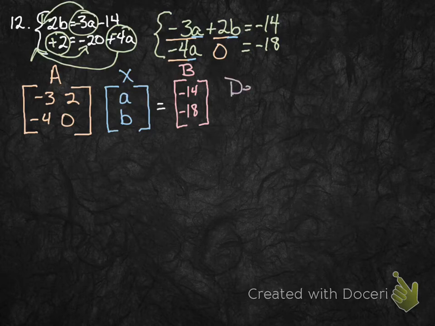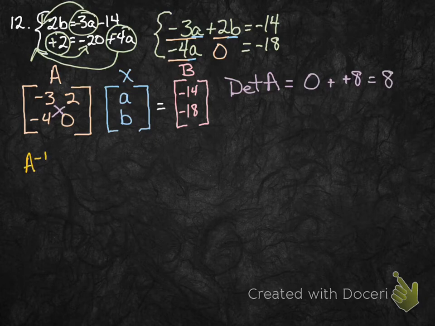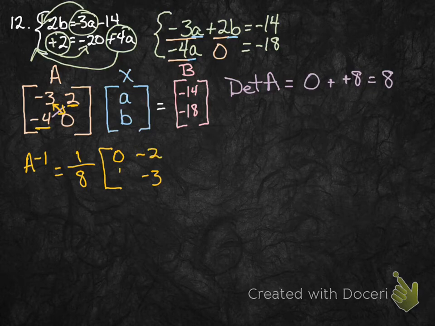Okay. We're going to find our determinant. -3 times 0 is 0. -4 times 2 is -8, so we end up adding 8. So we get a determinant of 8. Slow that down. Our inverse, we have 1/8 for our scalar. Our flip-flop matrix becomes 0, -2, 4, -3.